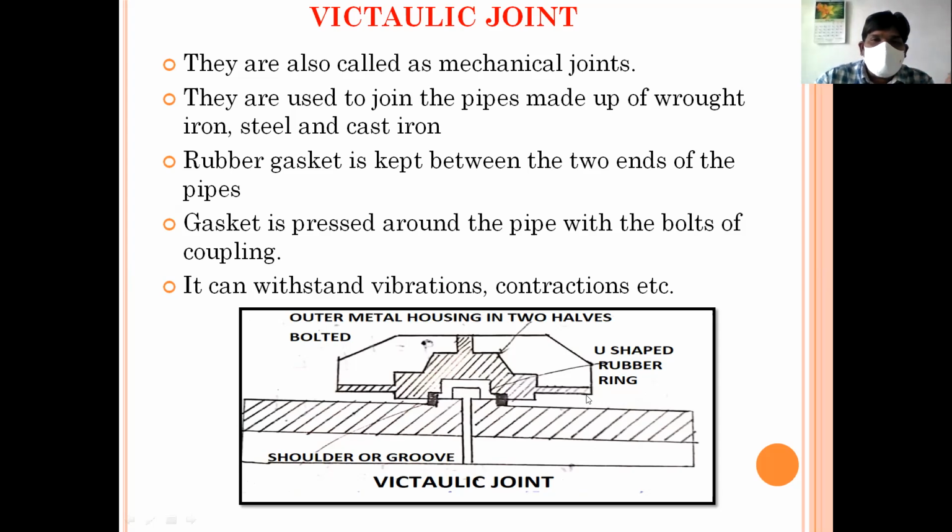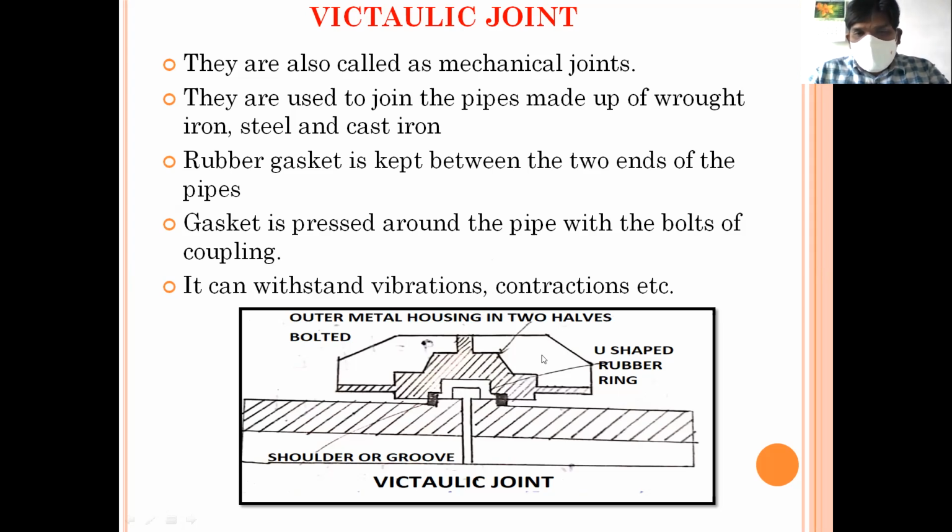See here, the gasket is pressed around the pipe with the bolts of the coupling so that it will be leak proof. One more time, see here, it is the pipe. The half of the groove of the joint will be kept over here, and it is the rubber gasket. The same will be at the other side.